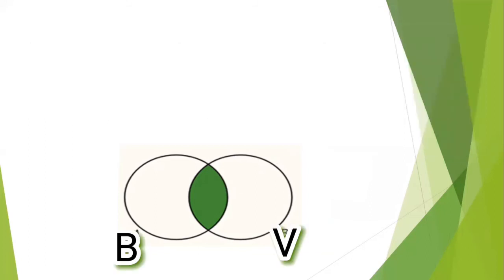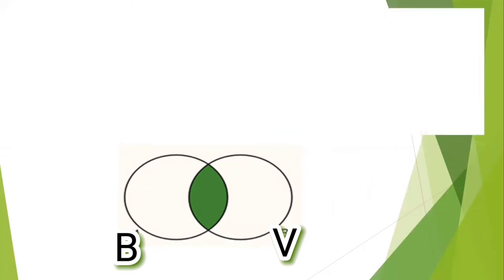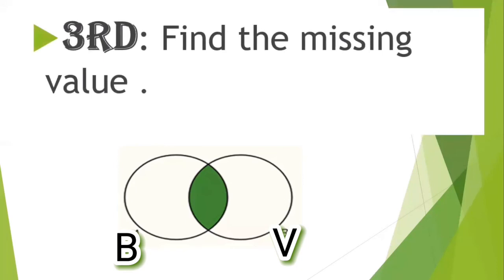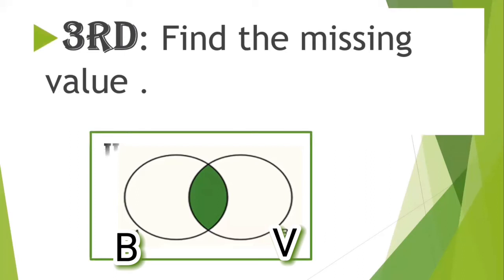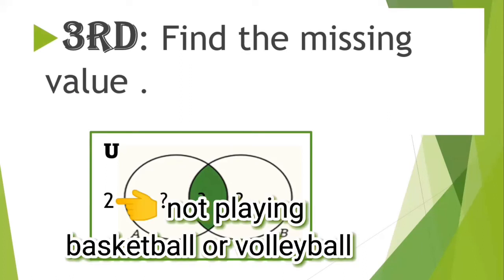Next, our third step is find the missing value. Paano natin hahanapin ang missing value ng ating mga sets? Ayan. So, as given kanina, meron tayong 2 na hindi naglalaro ng volleyball at basketball.